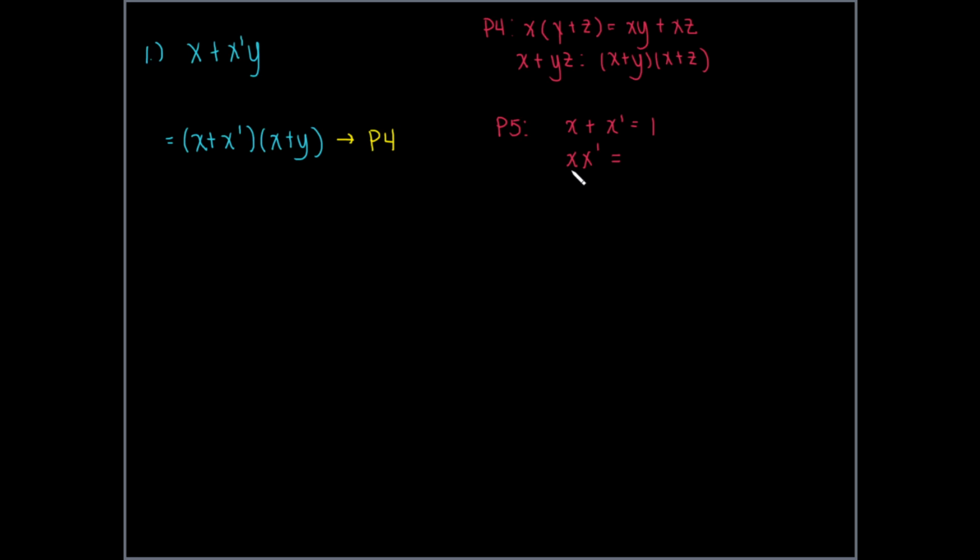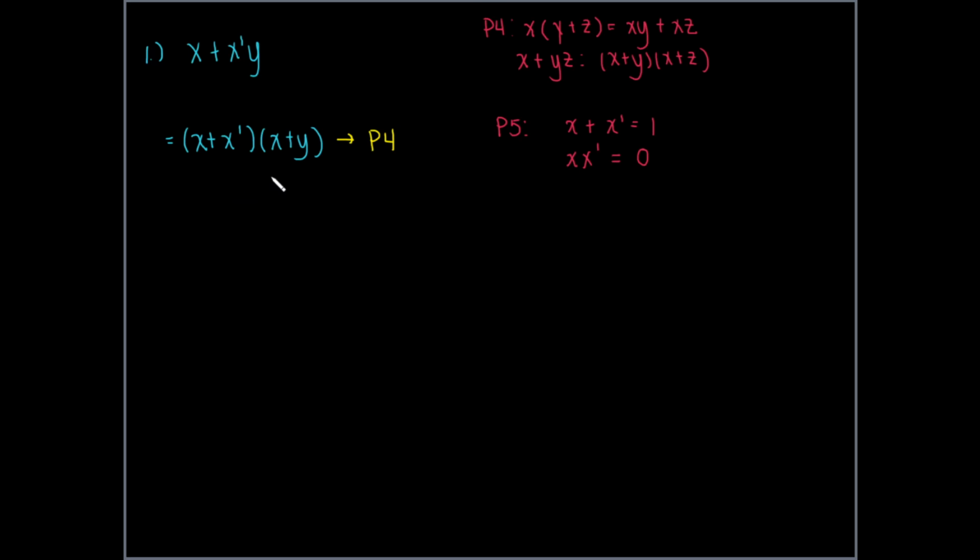So either this one is 1 and this one is 0, or this is 0 and this one is 1. Either way, you have 1 and 0 or 0 and 1, which should always give you 0. So that is your postulate 5. So it's a postulate concerned with your complements.